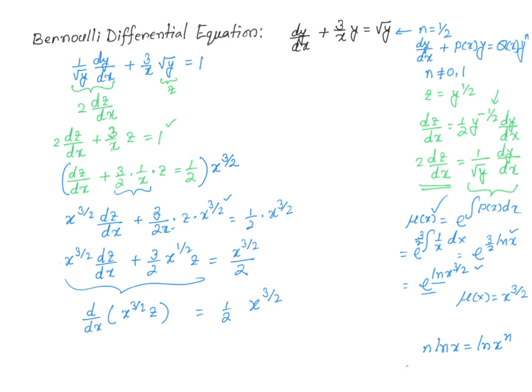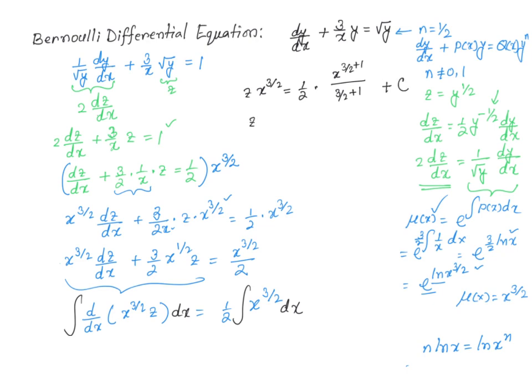Now I can go ahead and take the integral of both sides with respect to x. On the left hand side, I'm going to get z times x to the power 3 over 2. And on the right hand side is going to be 1/2 times x to the power 3 over 2 plus 1, divided by 3 over 2 plus 1, plus some arbitrary constant c.